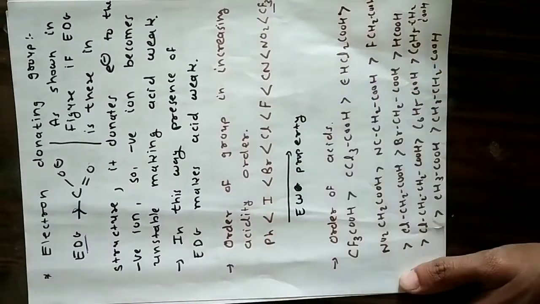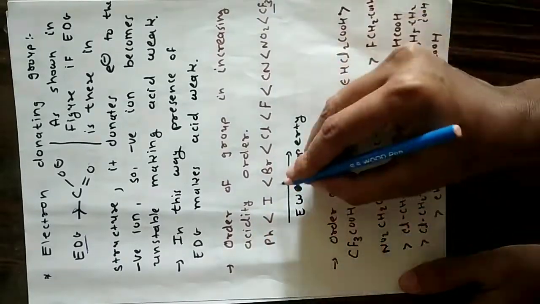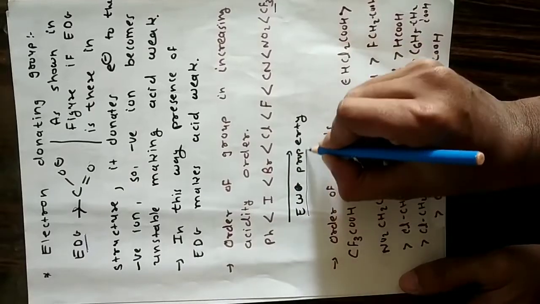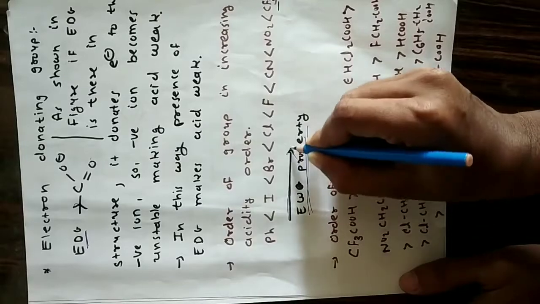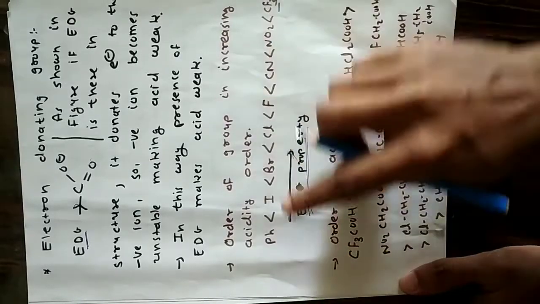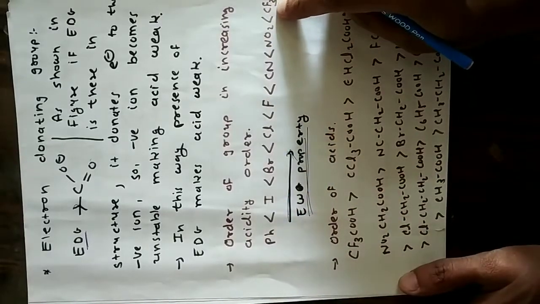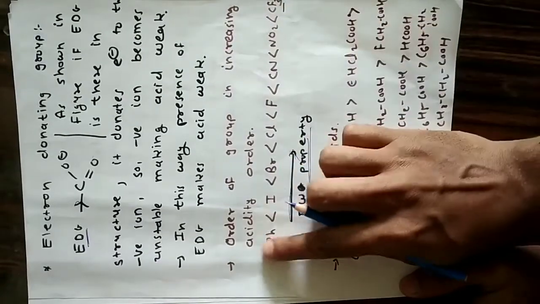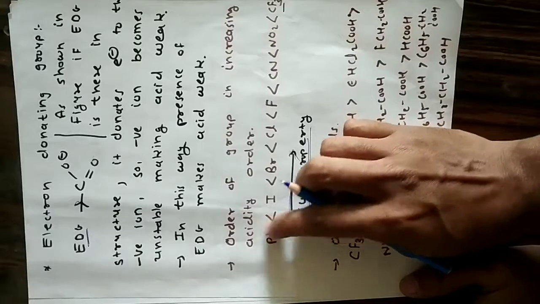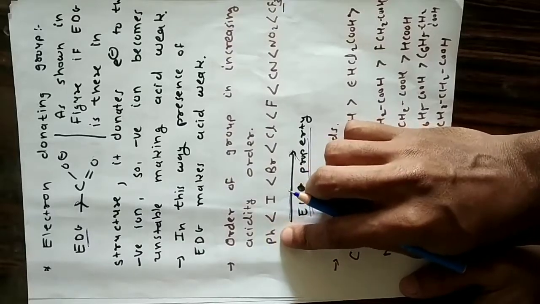Ph means phenyl group. So this is the electron withdrawing property. In this way, electron withdrawing property increases. So this makes the strongest acid, and among these the phenyl group makes the least strong acid.